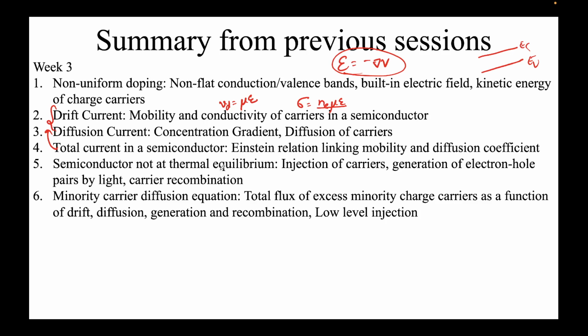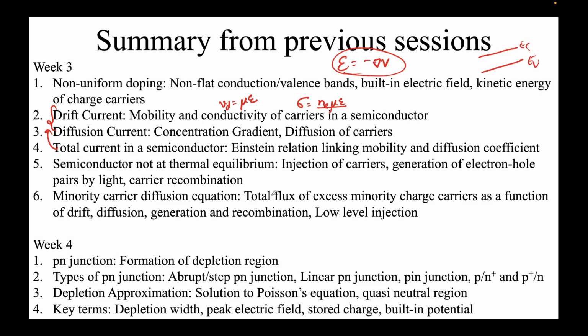All those things can happen when the semiconductor is not in equilibrium, and all of this is condensed into what is called the minority carrier diffusion equation, where we elaborate on the total flux of minority charge carriers as a function of drift, diffusion, generation, and recombination. We analyze this in terms of low level injection. That means the carriers that we are injecting are not very high. If they are very high, then the assumptions which we had made will not be valid.